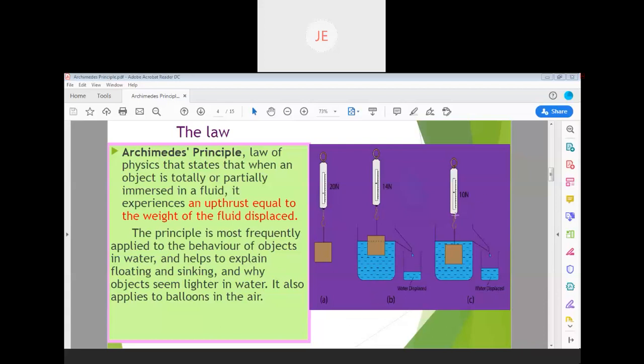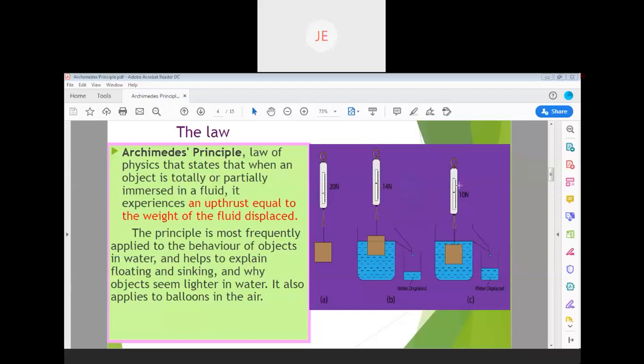So you take another liquid, the same 20 Newton body, and you keep it in that liquid. Then it may weigh 10 Newton, or greater than 14 Newton, or less than 14 Newton, whatever it is. It depends on the density of the fluid.